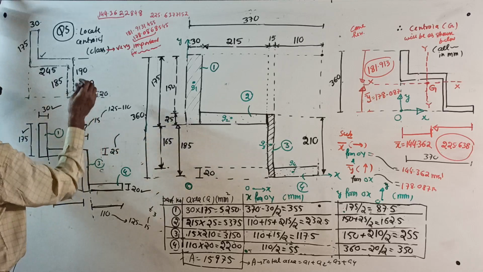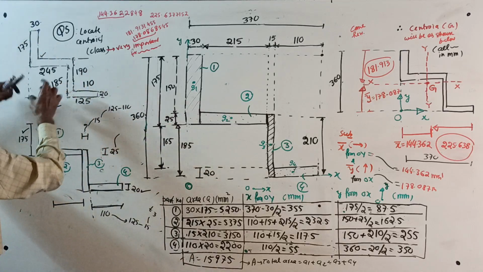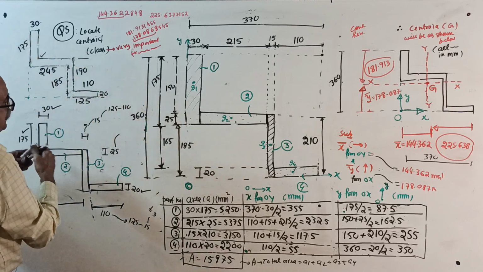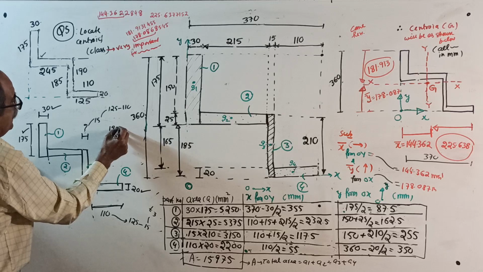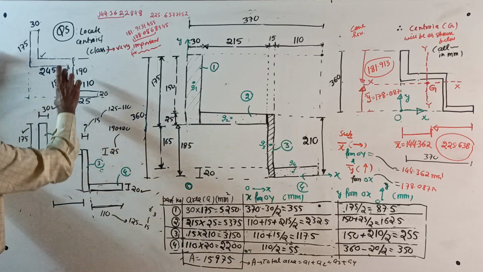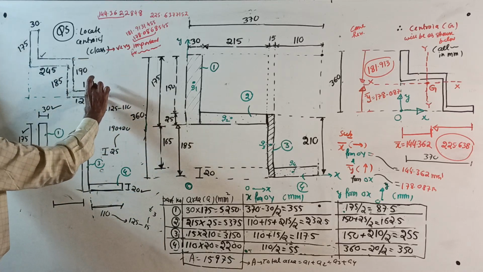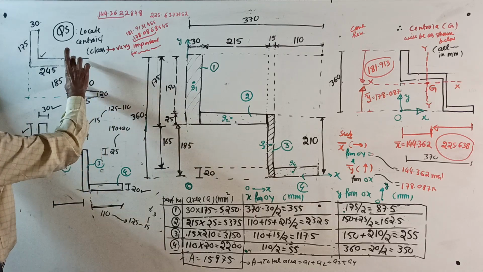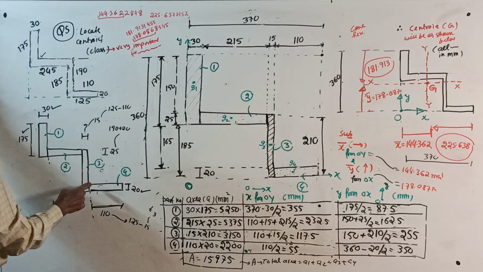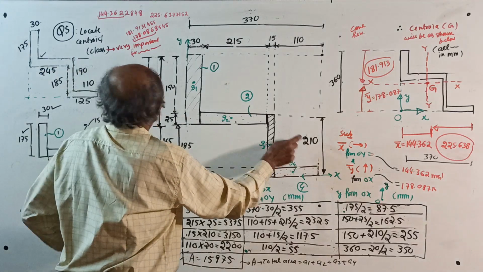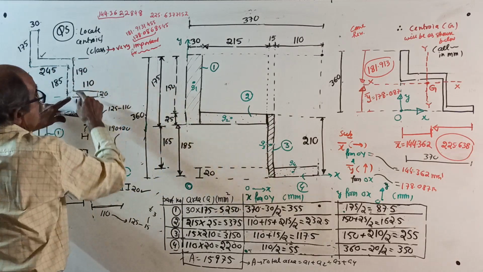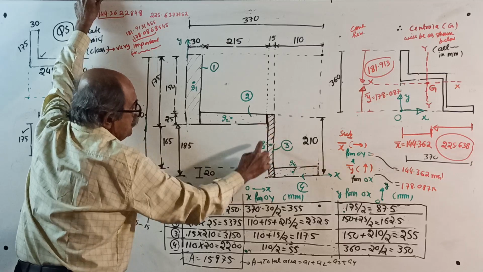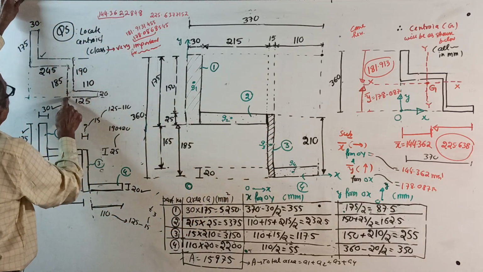How did 25 come? This full depth up to here is 190 plus 20, which is 210. I already explained 210 for you. Our depth is from here to here, and from here to here is 185.